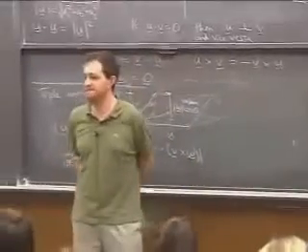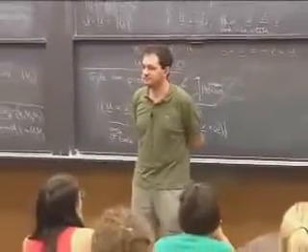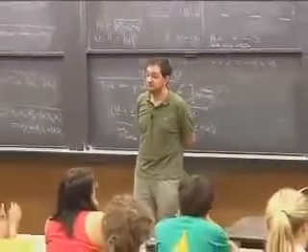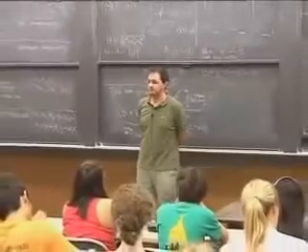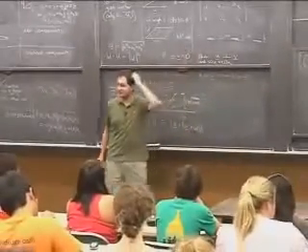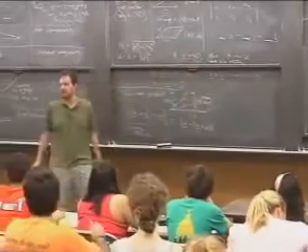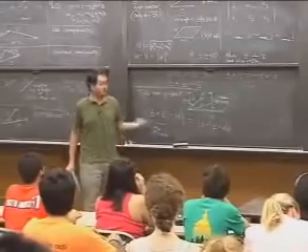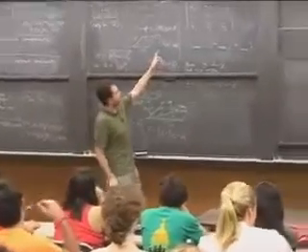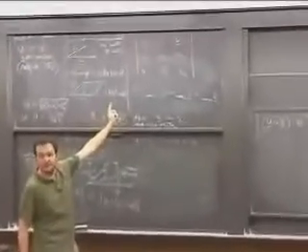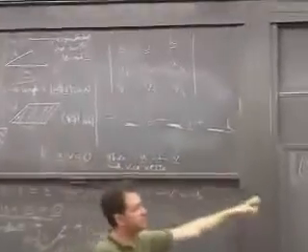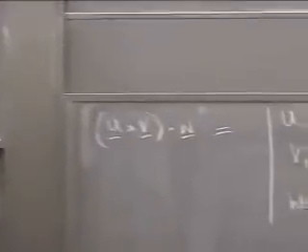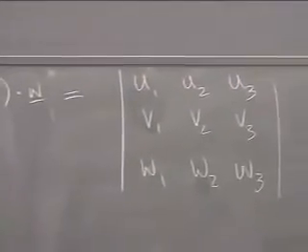You have a question? How can we use a 3 by 3 determinant and not just the cross product, like this, and then just the dot product of the result? Okay, so the question is, why not just take the cross product of U and V right there, and then do the dot product with W? Well, if you try it, you will find you get exactly the same answer.